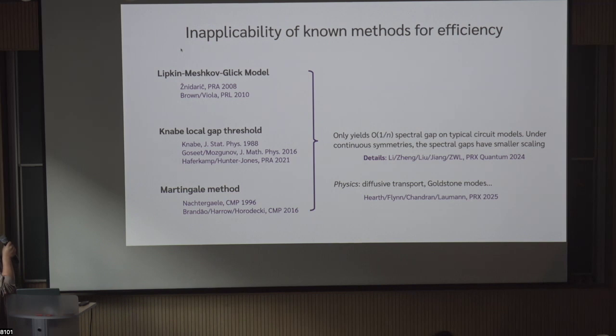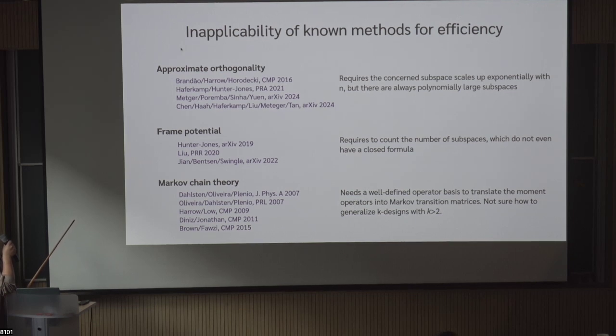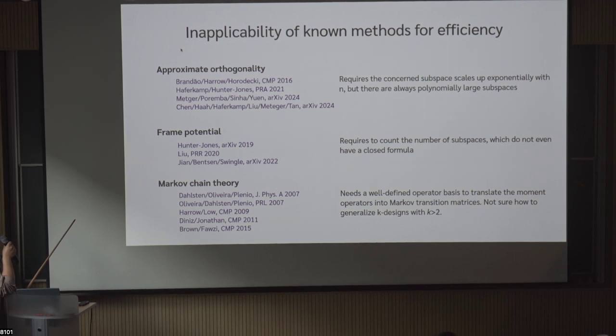The take-home message is just that for the purpose of proving convergence efficiency under symmetries, these previously known methods just magically break down. And there are some other methods or technique elements that are also not very feasible in this context. So this is a demonstration of the fundamental differences or challenges that we have to get around if we want to prove rigorous convergence guarantees for symmetric circuits.